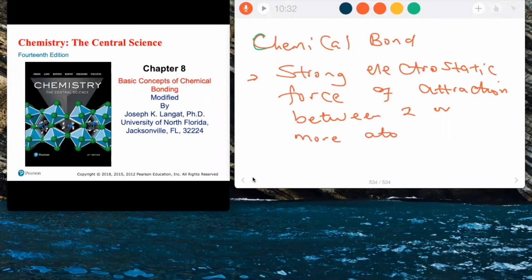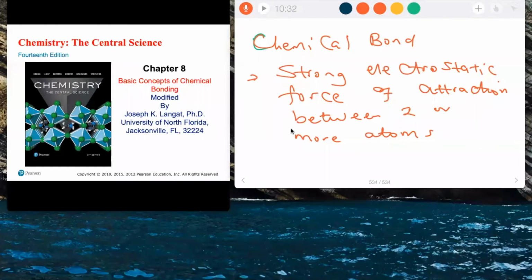It's just force of attraction. That's just a basic definition of a chemical bond, that it is defined as a strong electrostatic force of attraction between two or more atoms in an ion or in a compound.